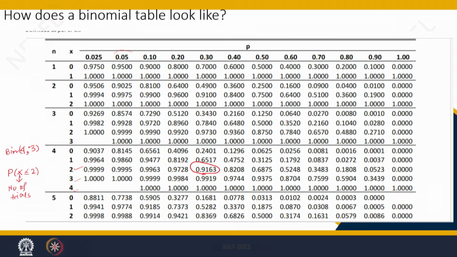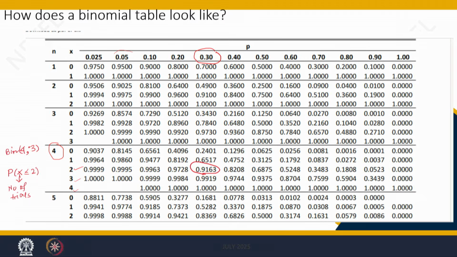Look at the number of successes, that is 2, the number of trials, and the probability of success, that is 0.3.